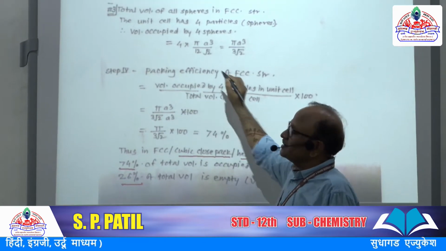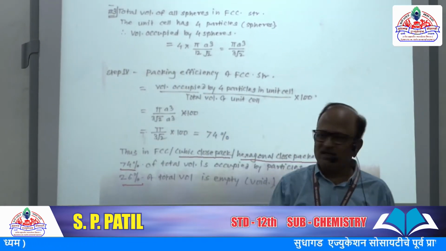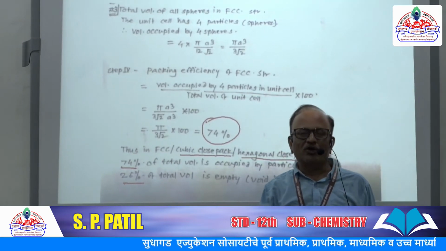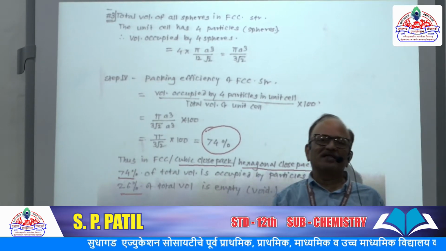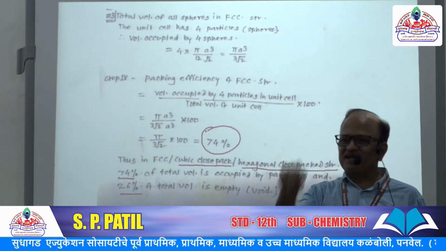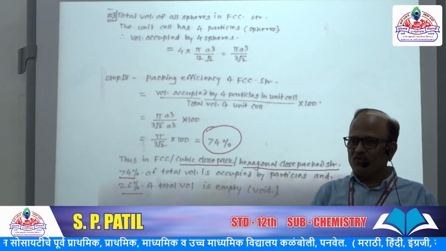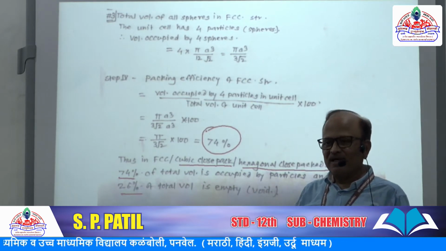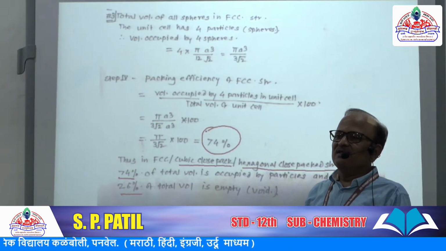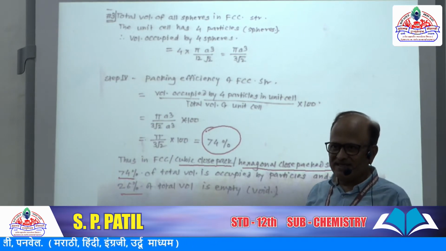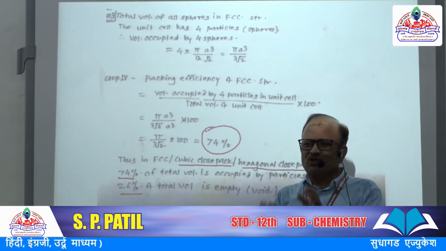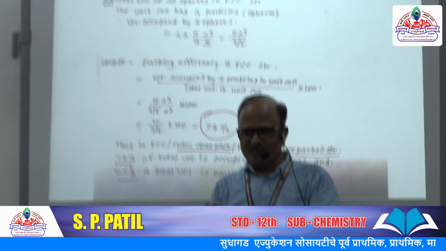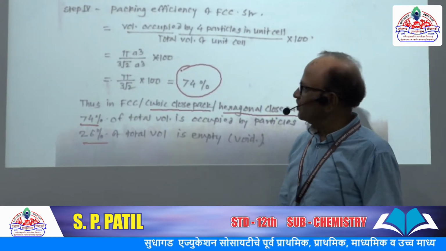The maximum volume, 74%, is occupied in FCC compared to the body-centered, which is 68%. There is more void or empty space than in the FCC structure. In the simple cubic structure, the empty space is near about 47%, so just near about 50% space is occupied and 50% is void.